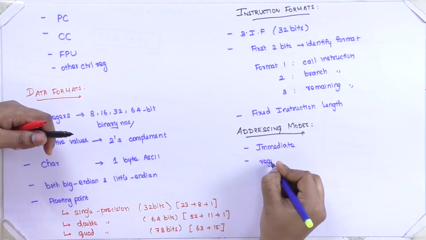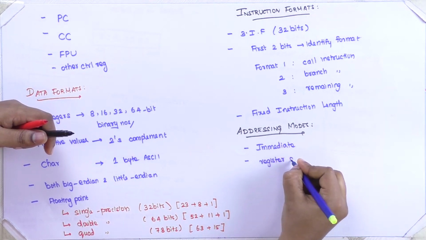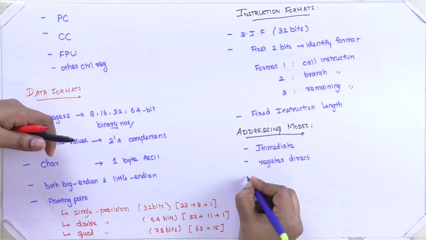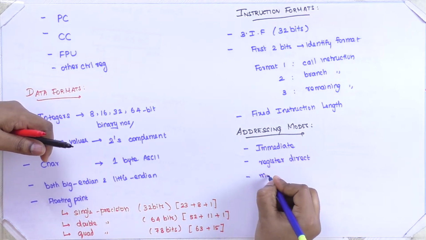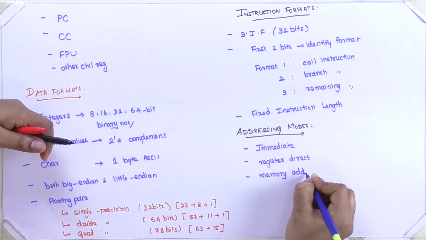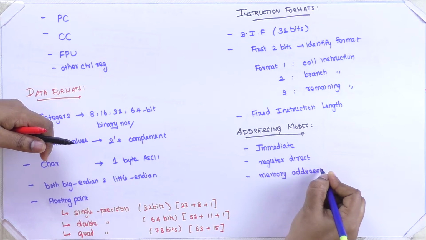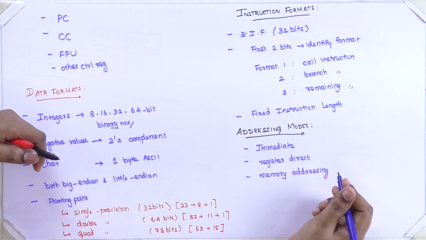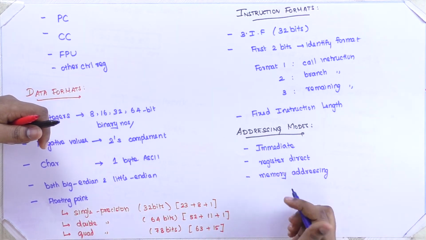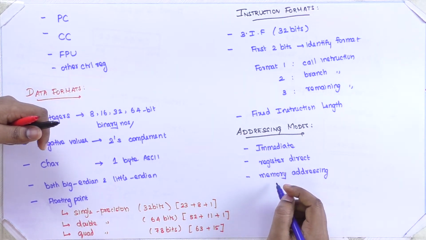Then register direct mode: the value of the operand is present inside the register. Then memory addressing: here the operand is present and resides inside the memory. Load and store operations will be used for fetching the values that are present inside the memory.